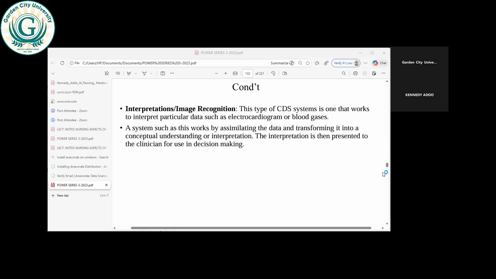Interpretation of radiological images is very important. If you don't get it right, the patient will suffer. So the PACS system is the one that brings brightness. When I say brightness, what I mean is that it makes interpretation clear to the care provider.